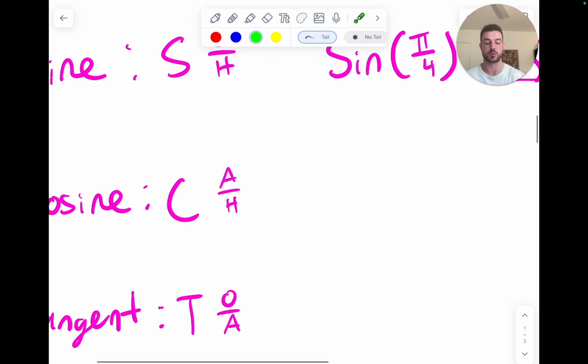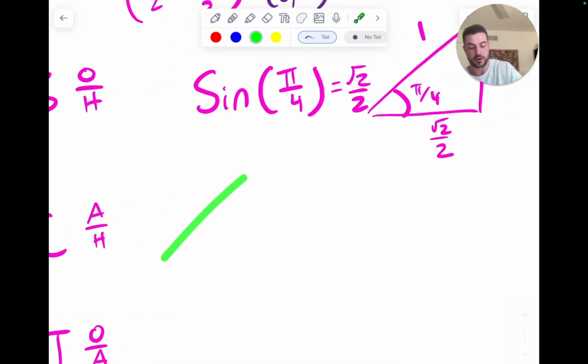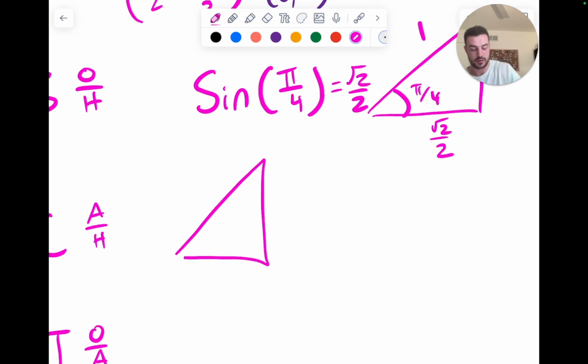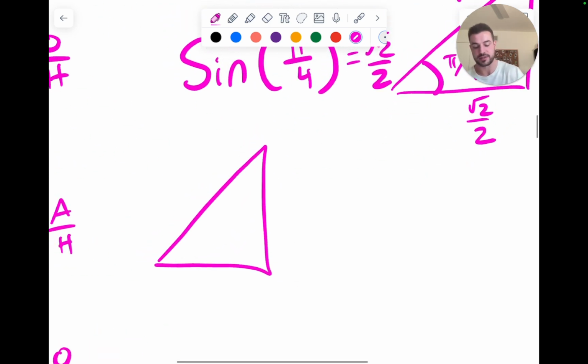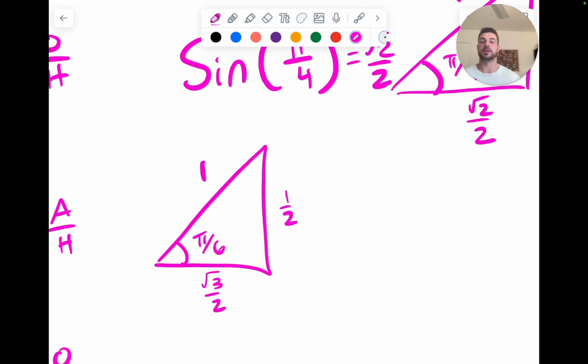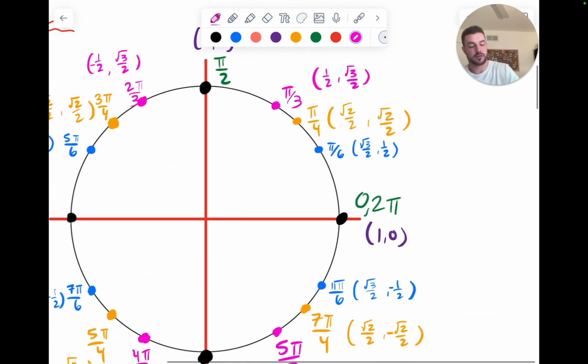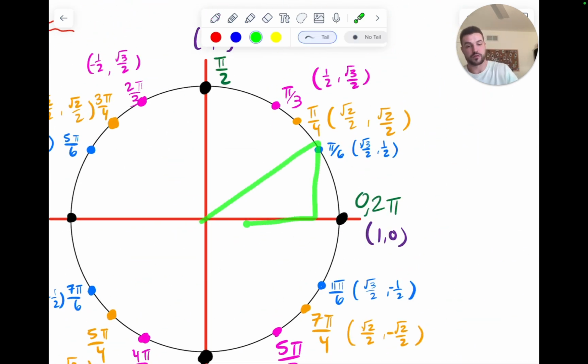All right, cosine is going to work similarly. If we have our triangle right here, let's do pi over 6 this time. So pi over 6 has coordinates root 3 over 2 and 1/2, and then 1 there. So this is just the triangle from right here.